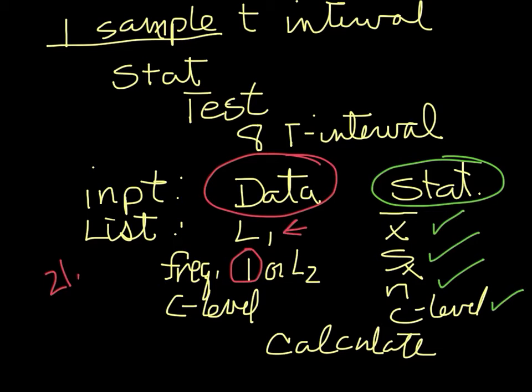However, sometimes you'll get a list where maybe it's organized in a stem and leaf or a frequency table. In that case, if it was a frequency table, then you might list the frequencies in list 2. So you just have to make a decision there.